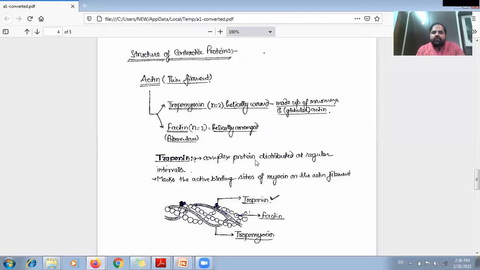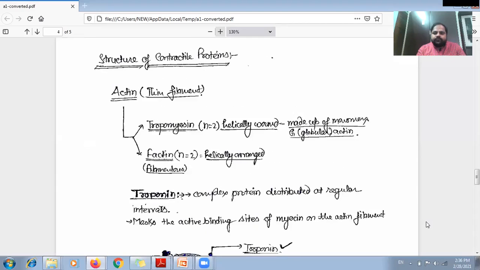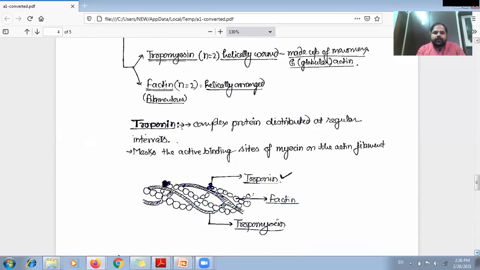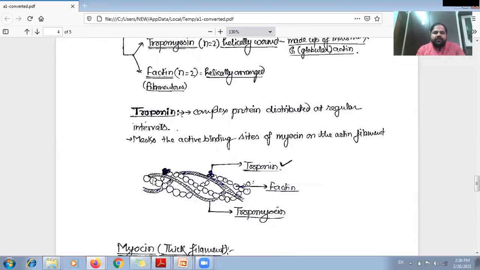So we can see the whole structure here. These helically wound rope-like structures are called tropomyosin, and these bead-like structures again form a helical structure and are again present in pair, which is called F-actin.